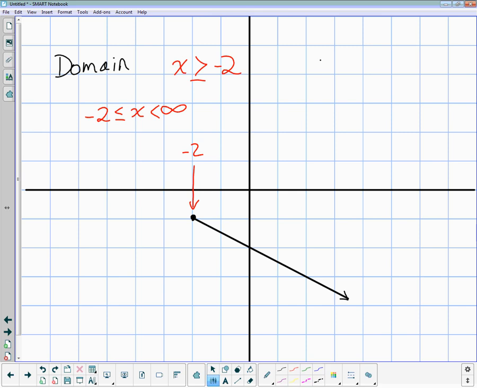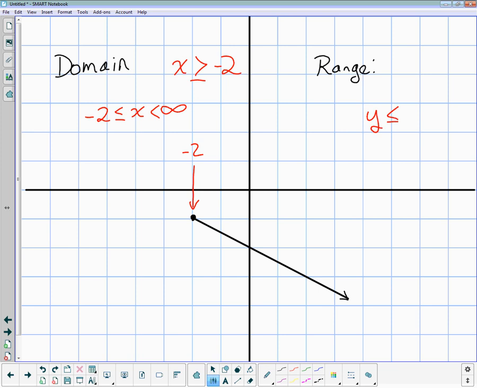What about my range? Who can tell me what my range is? Where do all of the y values, what can I say? All of the y values will be where? Okay, you guys are a real lively bunch today.